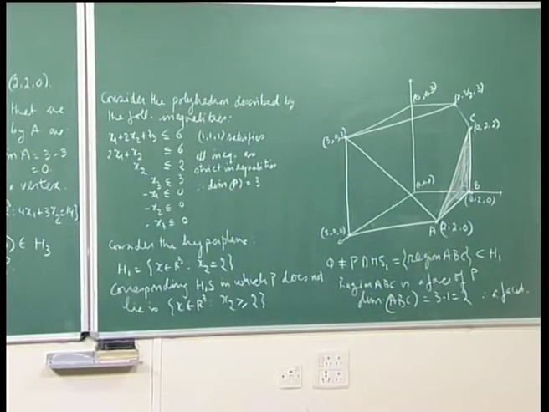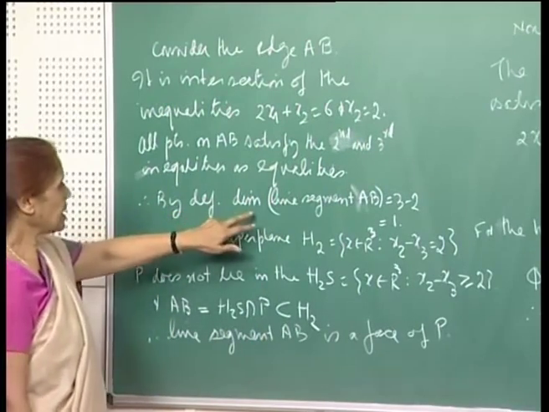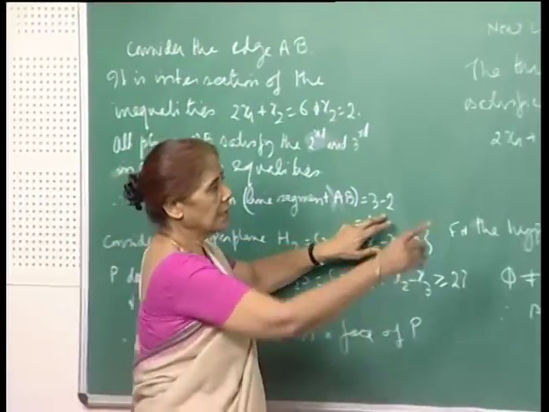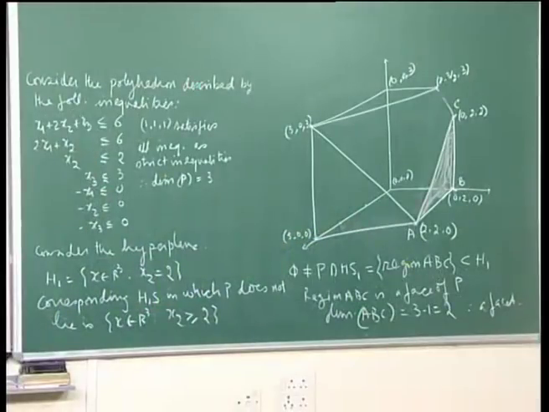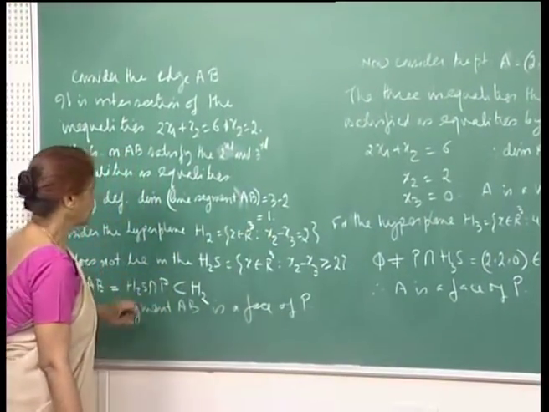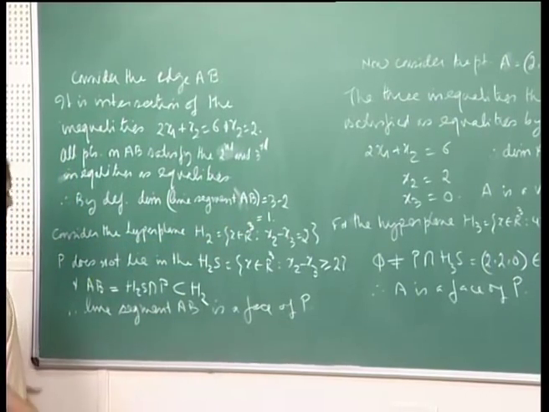By our definition, the dimension of the line segment AB is 3 minus 2, because two linearly independent inequalities are being satisfied as equalities, and the dimension of the polytope we had said is 3. So it is 3 minus 2 which is 1. Therefore, this will be an edge of the polytope, by our definition.